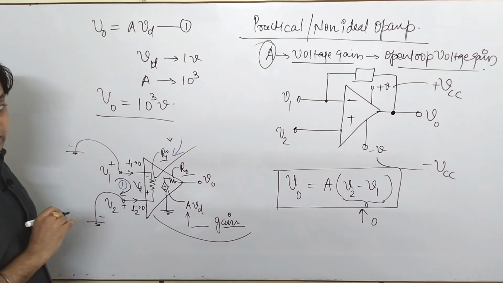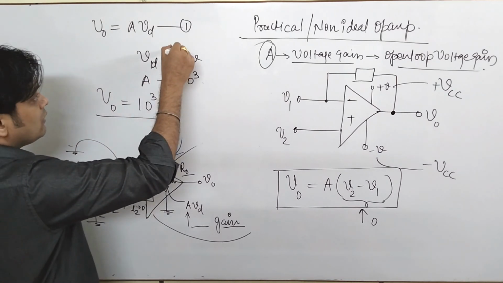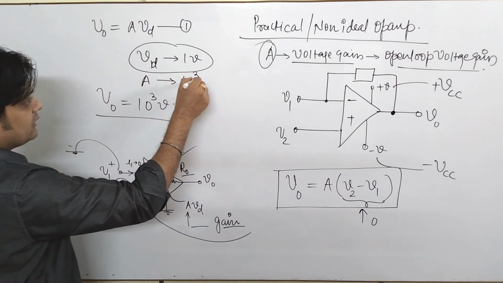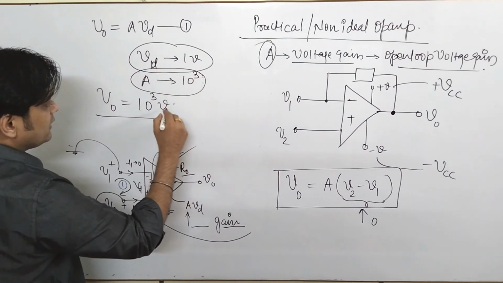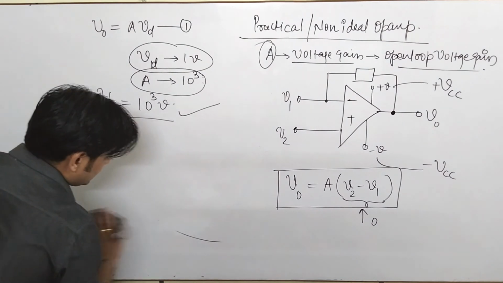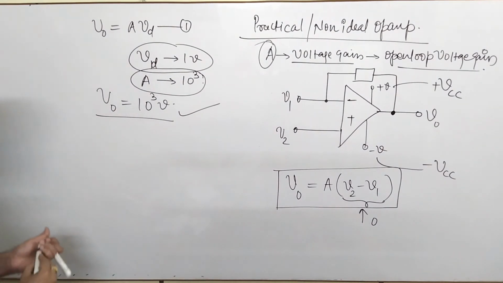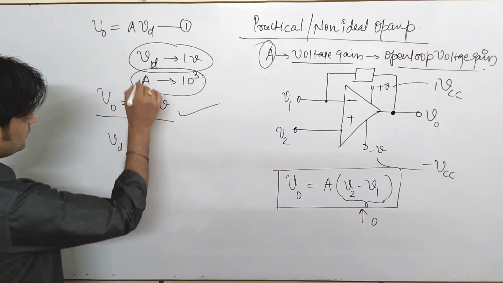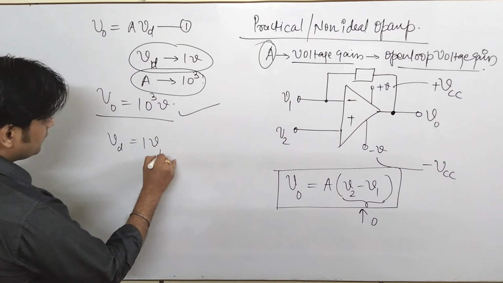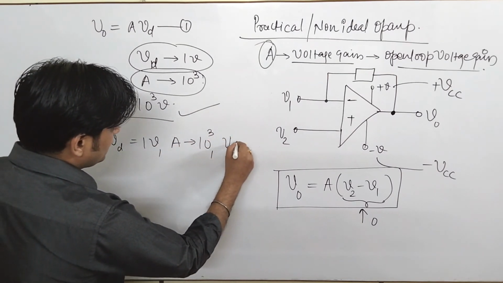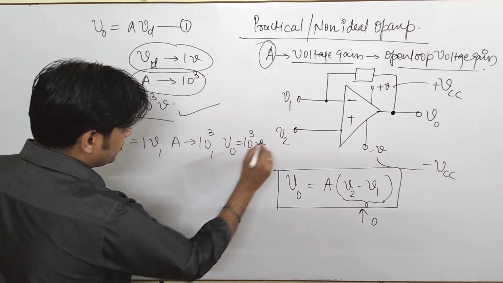That means you have applied 1 volt at the input of an op-amp, and with a gain of 10 to the power 3 you get an output of 1000 volt. By applying a very low value of Vd, that is 1 volt, with a gain of 10 to the power 3, you are getting V0 equal to 10 to the power 3 volt.